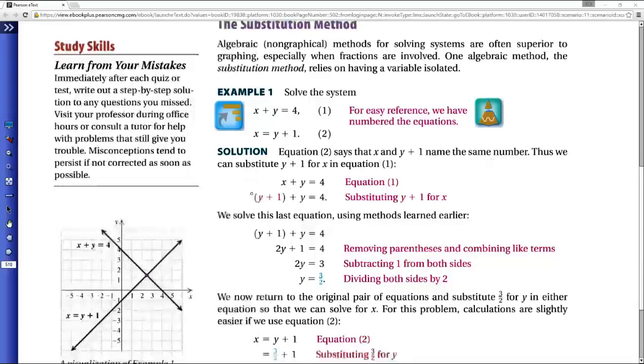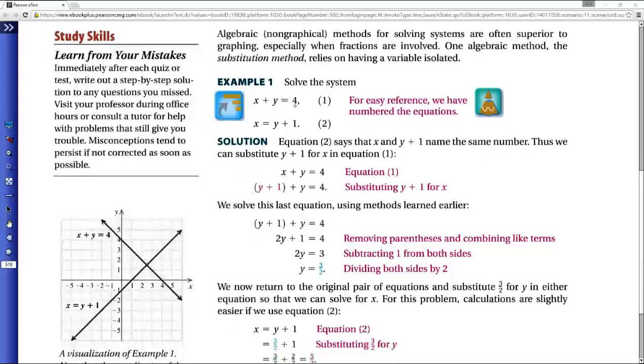So we can substitute that into the other equation, and that's what they do here: x plus y equals 4. They replace the x with what x is equal to in equation 2. So this represents x in the other equation, and then we end up with an equation with one variable.